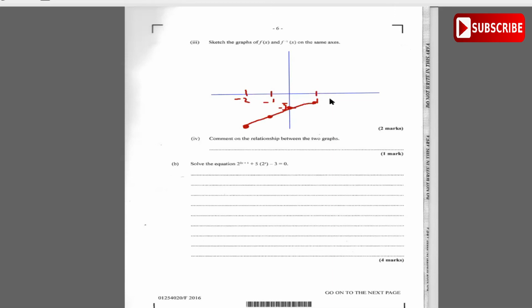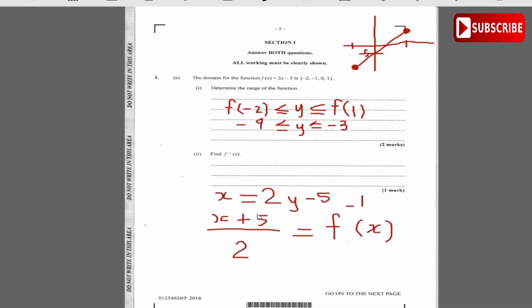Now we want f inverse of x. Look back at it. F inverse of x is x plus 5 over 2. So it cuts the y-axis at 5 over 2, and it has a positive gradient of a half.